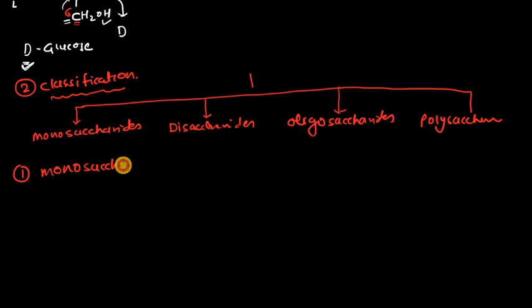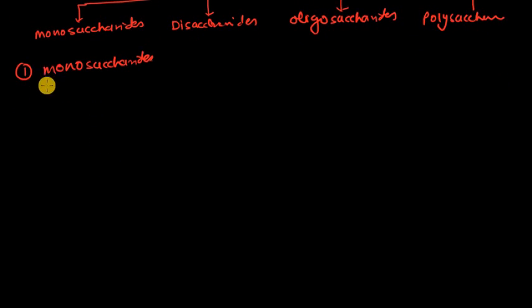Let us first consider monosaccharides. As its name suggests, mono means single. If there is a single unit and you hydrolyze it, you will not get anything. So this is non-hydrolyzable.